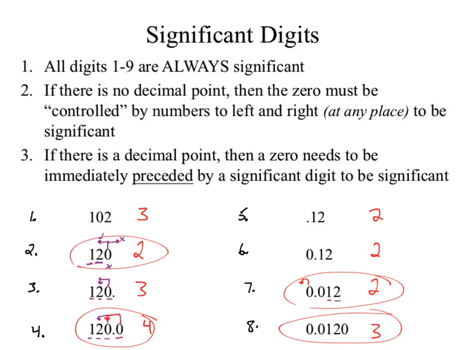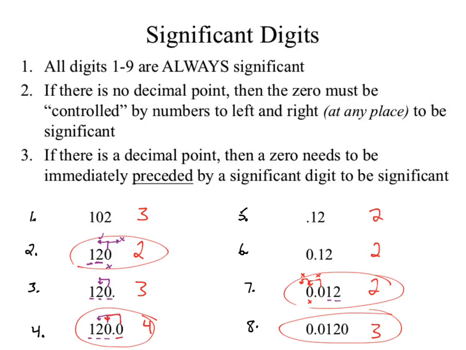For a 0 to be significant, it must be preceded by a significant digit. There isn't one, which means not significant. We move to the next 0 and look to its left. What do we have? A not significant 0. So we have the 1 and 2, 2 significant digits in 7.